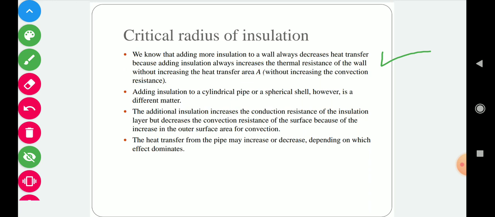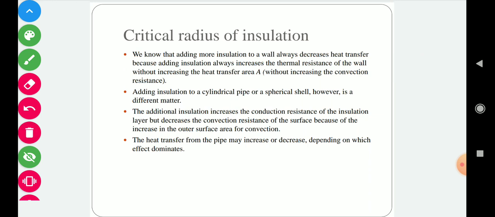In a plane wall, it's like thermal resistances connected in series, so there is one more resistance added due to insulation. So when we apply insulation on a plane wall, the resistance always increases, and due to the increase in resistance the heat transfer rate always decreases.